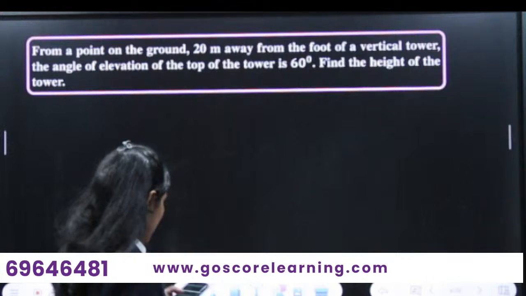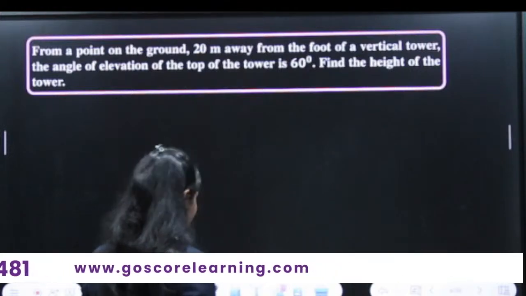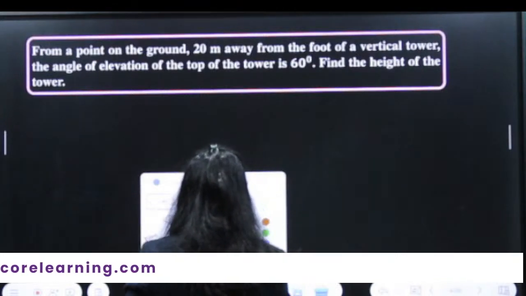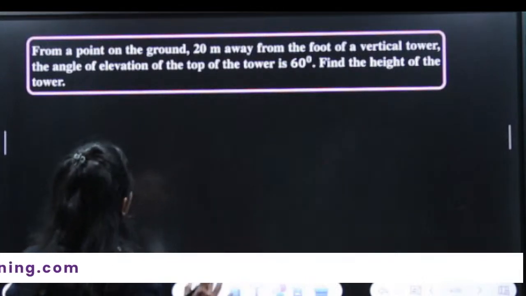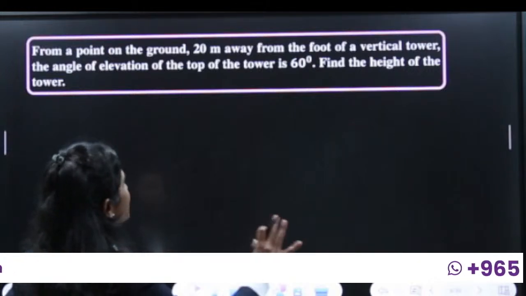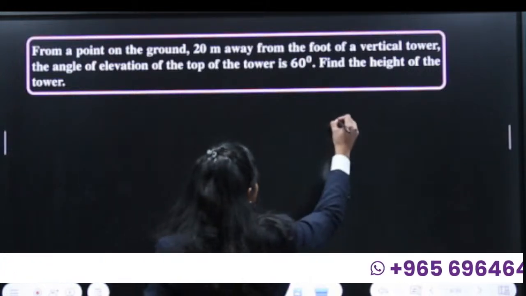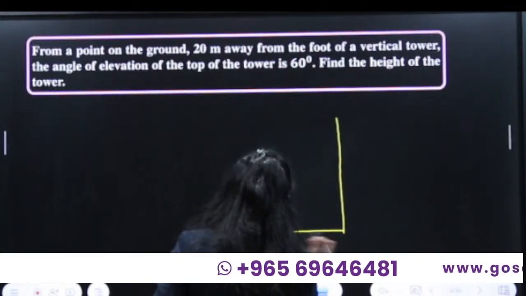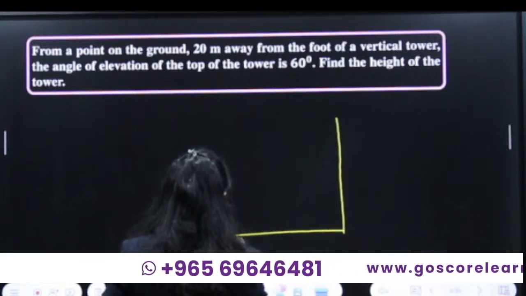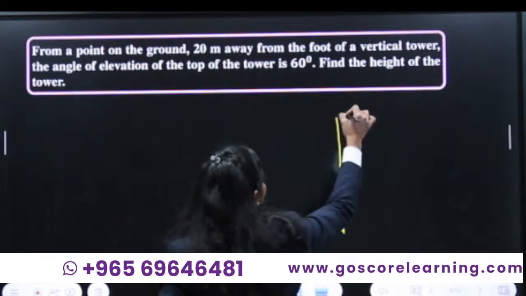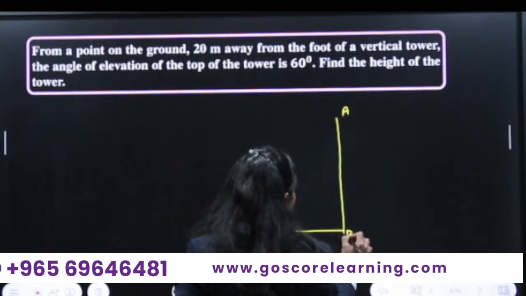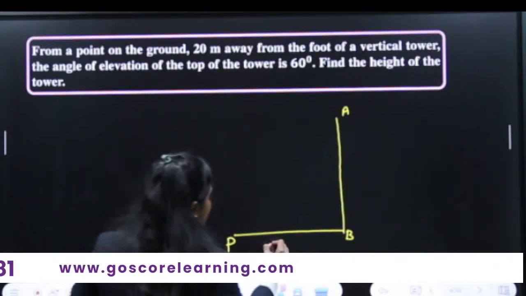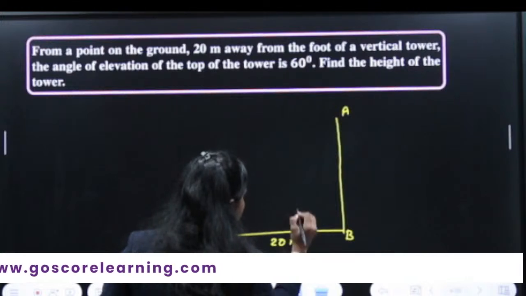Okay, so in this one, we have to draw the figure, right? First, draw the figure. We have a point on ground 20 meters away from the foot of a vertical tower. So we have a vertical tower and 20 meters away from that we have a point P. This tower we will name as A and B. This distance is 20 meters.